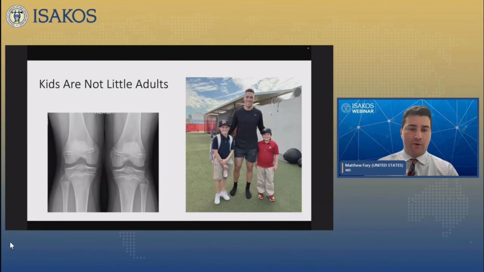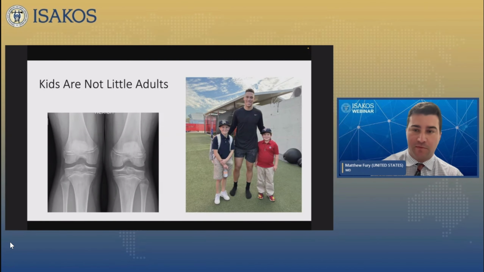And an important concept for treating pediatric ACLs is that kids are just simply not little adults. If you look here in this right picture, this is 6'7" American baseball superstar Aaron Judge with two young fans, and these three patients are just simply not the same.